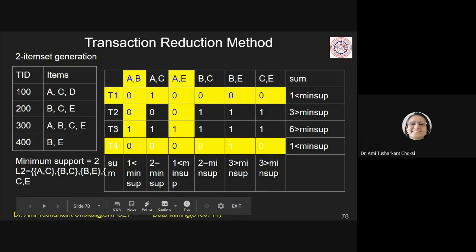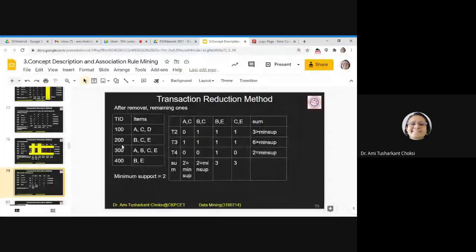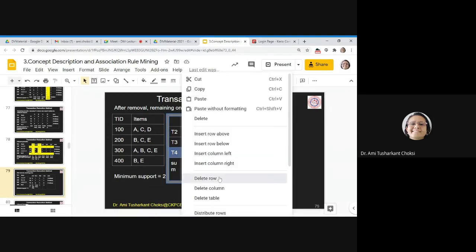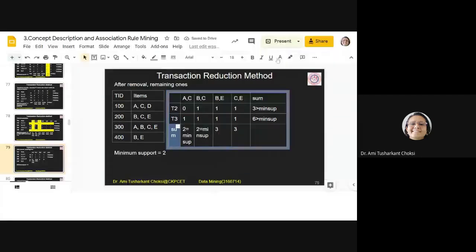We should now consider only T2 and T3, right? T2 and T3. T4 is not there. Let us remove that. Because what we have considered is this is not there. We should remove that from further processing. Fine. Okay. So now what to do?